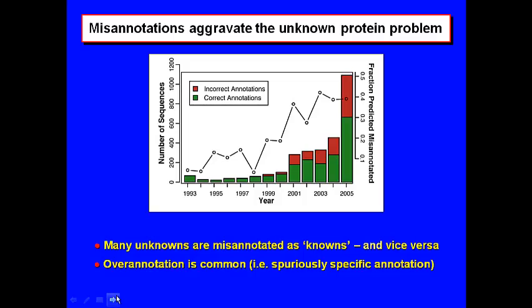All it is really justified in being called is, for example, an NAD-dependent dehydrogenase. But then, by homology, somebody, or a computer, will have decided that it should be called some specific sterol dehydrogenase. There's no basis for that. It's just a guess. And so something will have an extremely specific annotation.